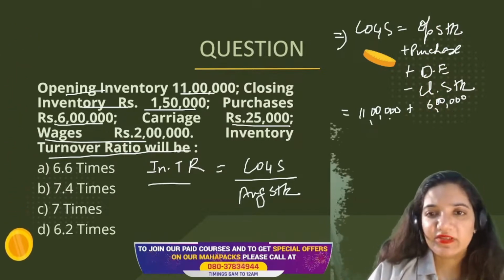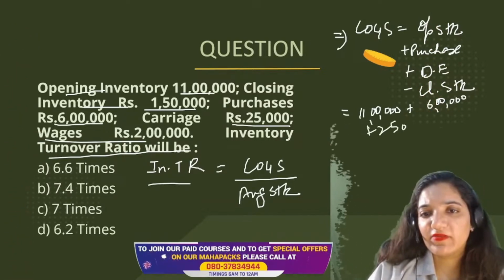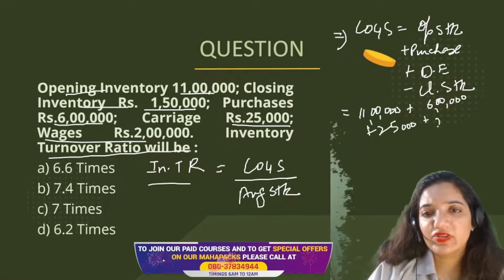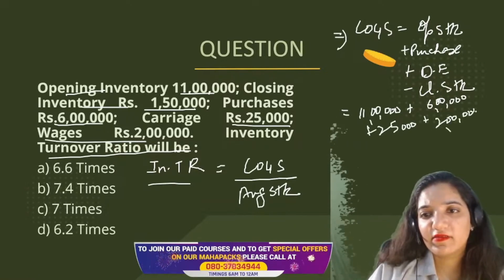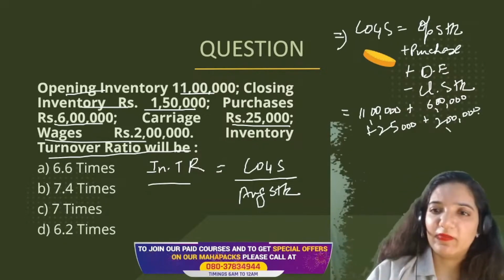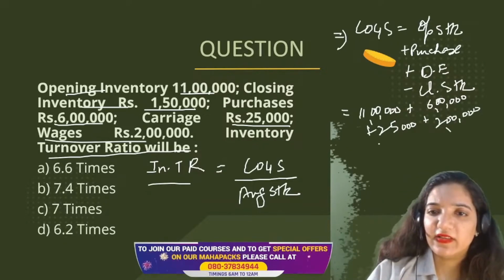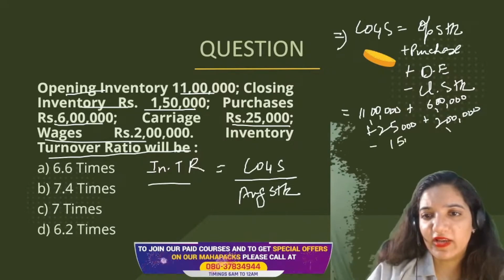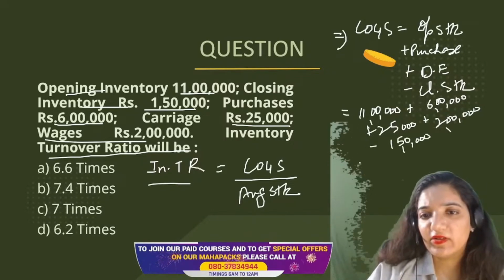Carriage is a direct expense, everyone, plus 25,000 plus 2 lakh. And what do we have here? 11 plus 6, 17, and then minus the closing stock of 1 lakh 50,000.